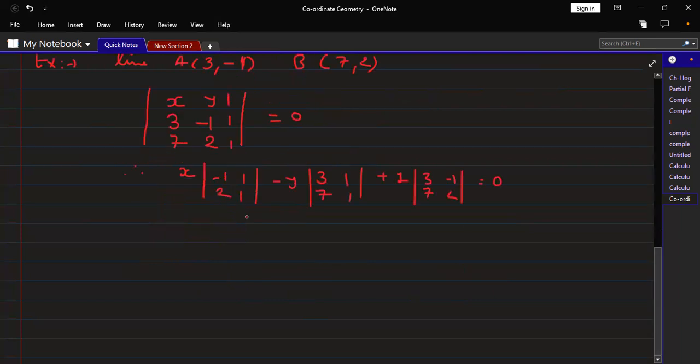So solving this, 1 into -1, it will be -1 minus 2, so -3x.